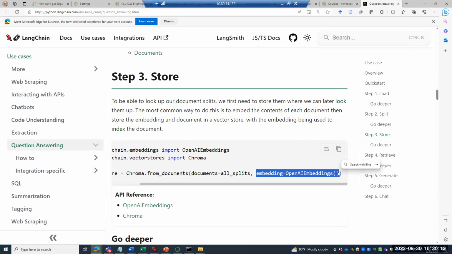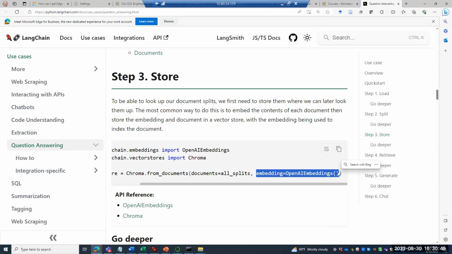This is also for OpenAI. You need to have an account to use OpenAI embeddings. Has anyone used OpenAI? When I tried OpenAI, it asked me for a credit card. I think the first 100 cases are free, then you may be charged.